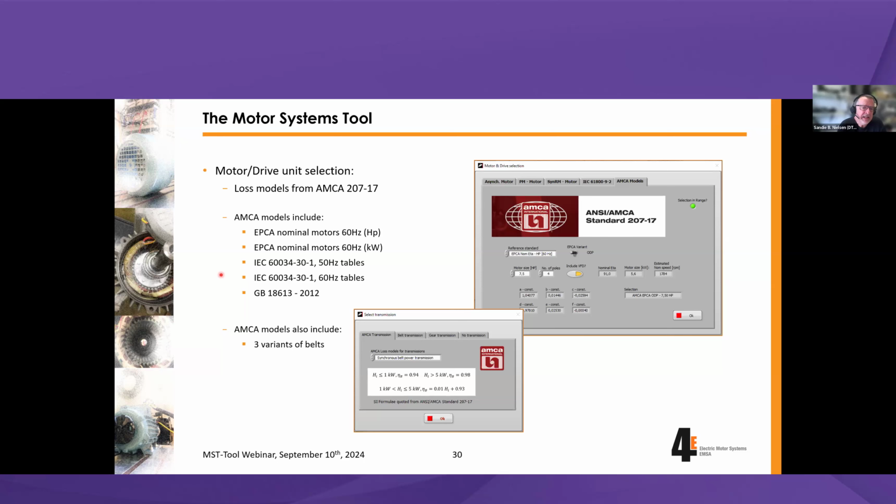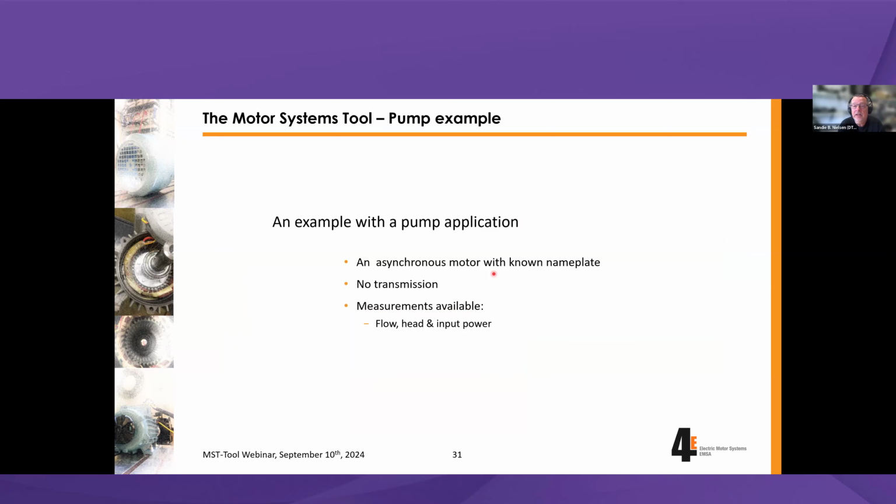I'm not aware if any of these have been updated since. If that's the case, I would of course like to hear that from AMCA, and then we will see if we need to update anything. At the time we made this, it was at least up to date in terms of the current standard. So that's also a thing you can use in your calculation.